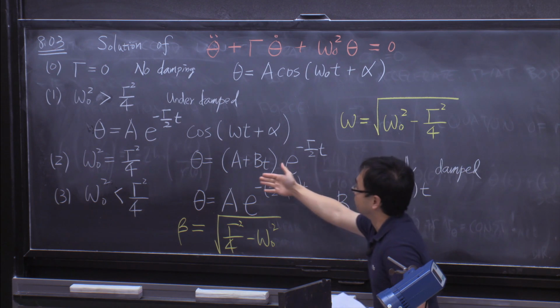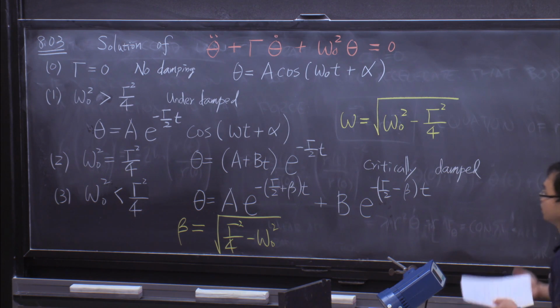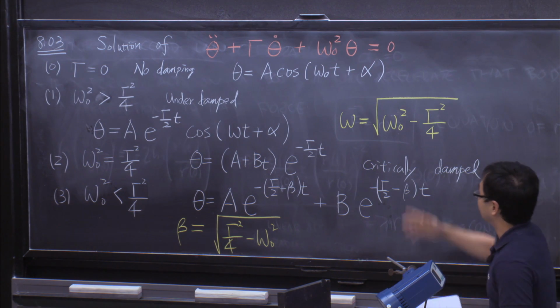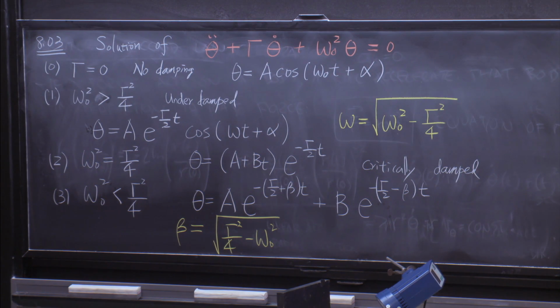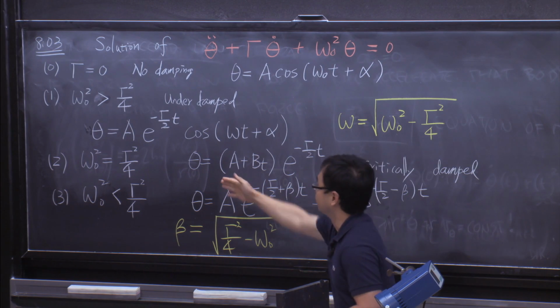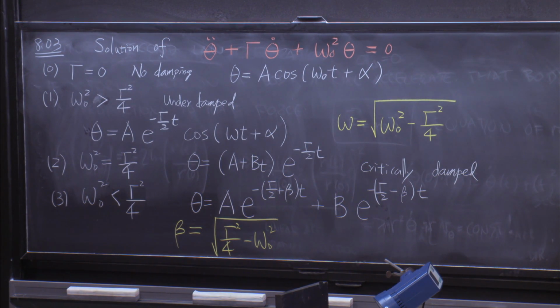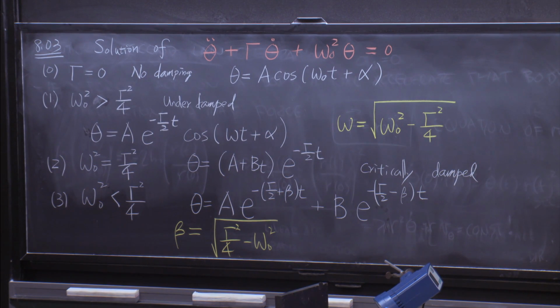As we make the drag force larger and larger, it will pass a critical point, which gives you a solution where you don't have oscillation anymore. The cosine disappeared.